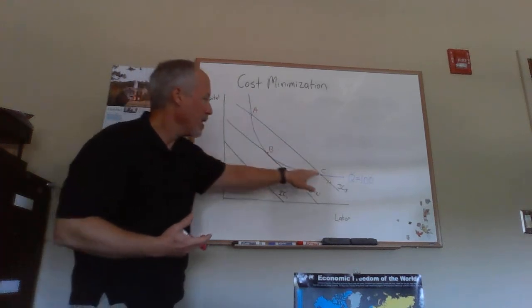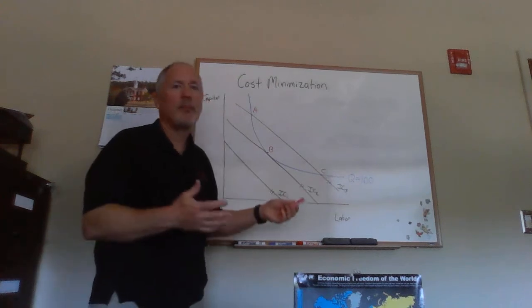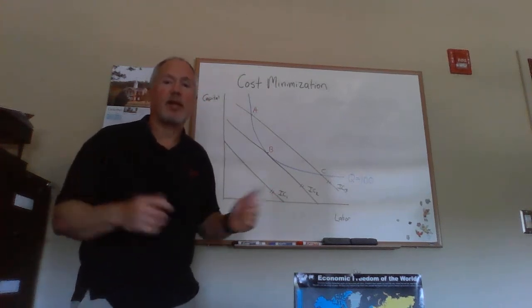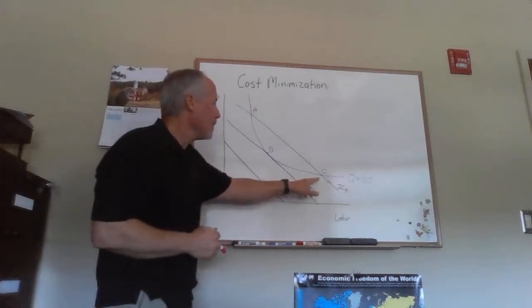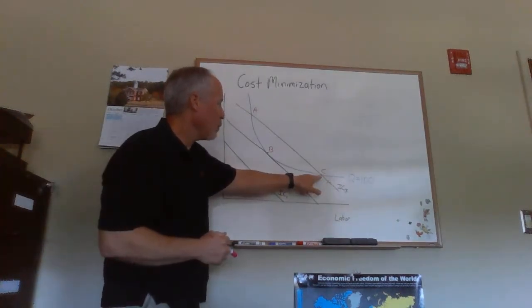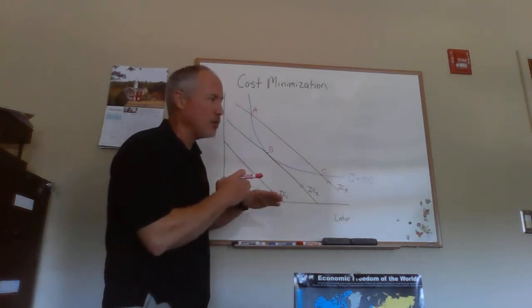Since the isoquant is steeper than the isocost, we can't be minimizing cost at a point like A. Then we come over to point C. Again, C is on IC3, so we already know it can't minimize cost, because IC3 is not the minimum cost. Another way of thinking about it is that at point C, the isoquant is now flatter than the isocost.